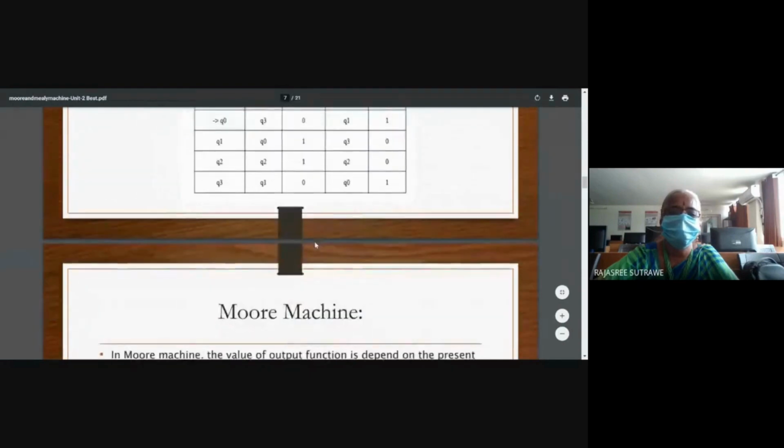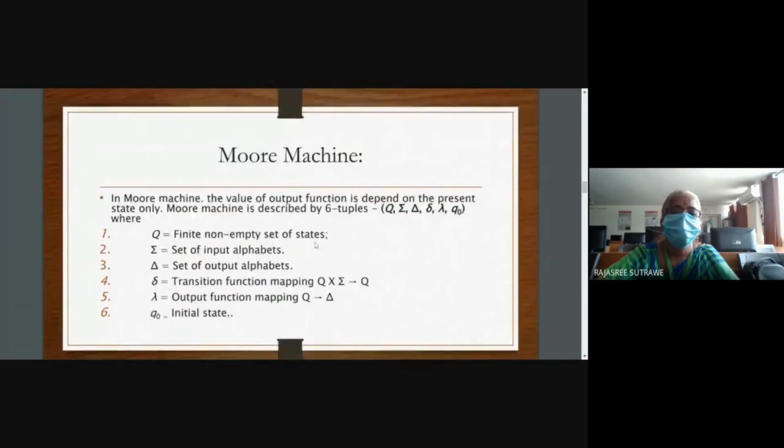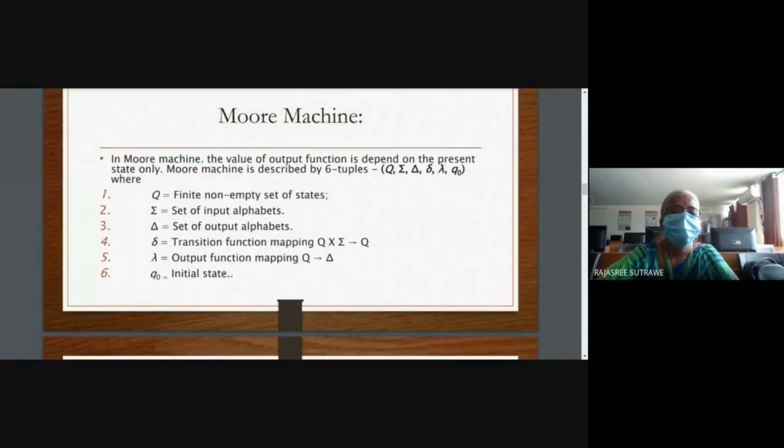Next concept, Moore machine. In the Moore machine, it's also a 6-tuple, where Q is the finite non-empty set of states, Sigma is the set of input alphabets, and Delta is the set of output alphabets. The transition function is a mapping of Q product Sigma into a state, and lambda is the output function mapping Q to Delta.